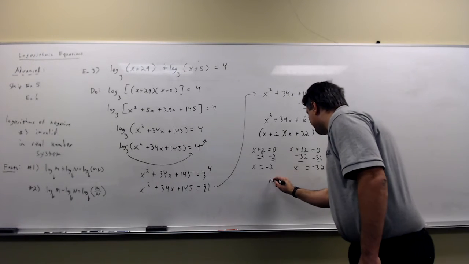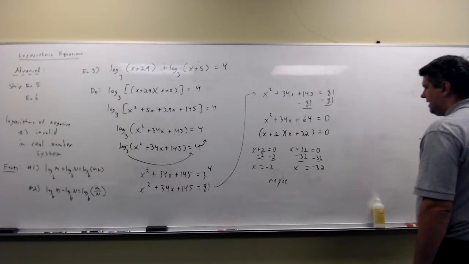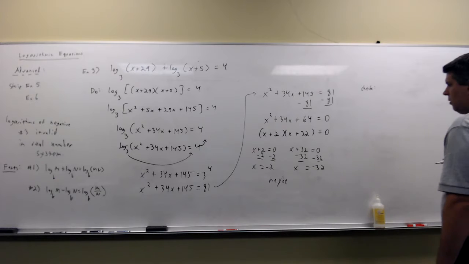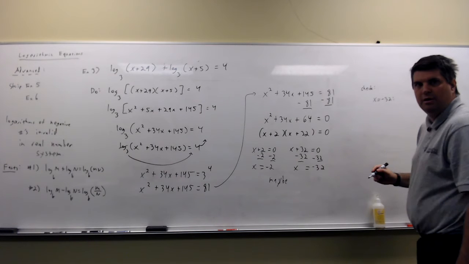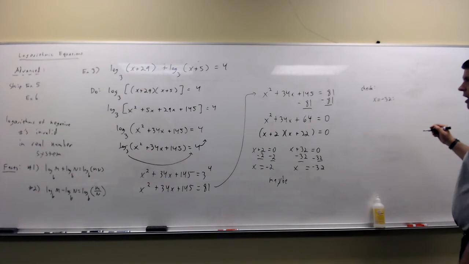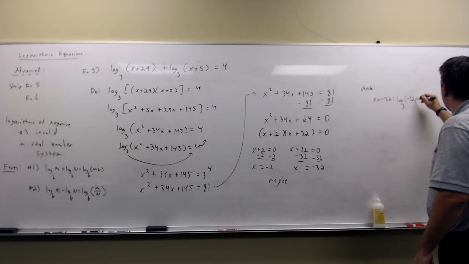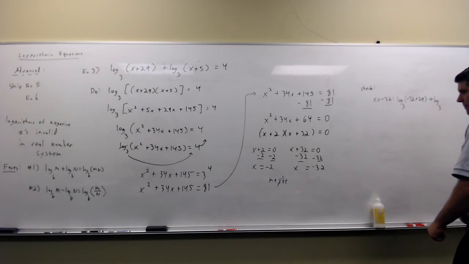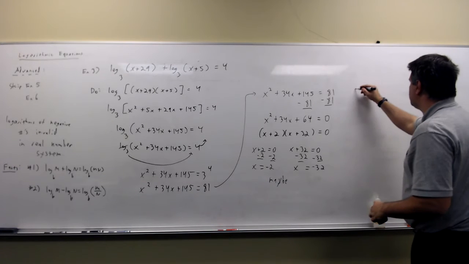These are maybes, because they may not work in the original equation. So they need to be checked. I'll start with the lower number because it's the one that's most likely to not work.